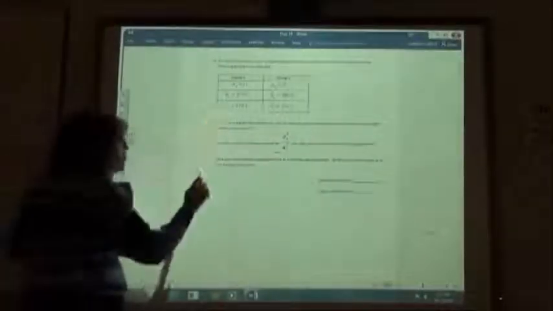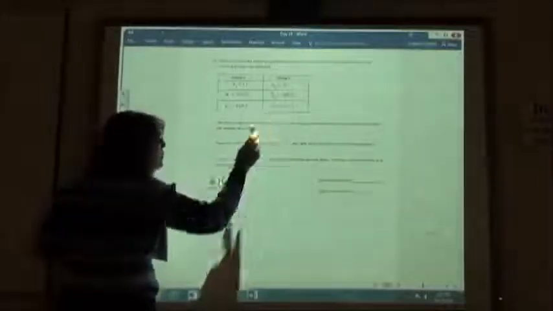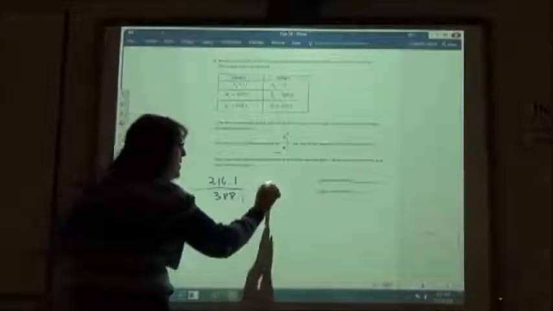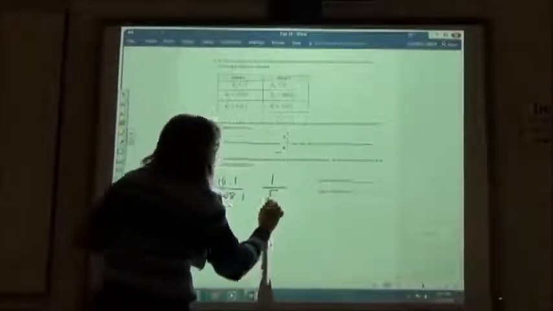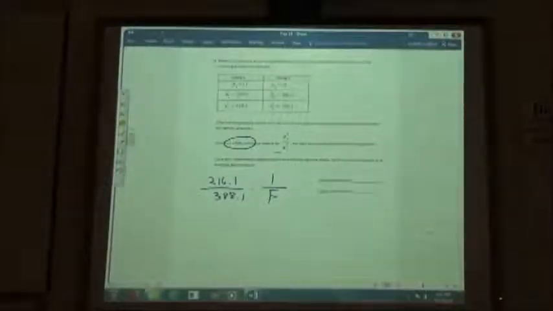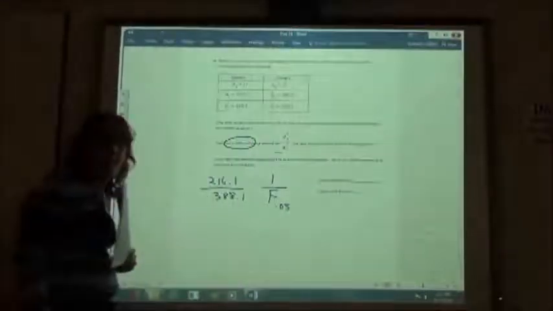So plugging those into our formula, S1 squared is 216.1 divided by S2 squared, 388.1. Times 1 over F sub. We are doing a 90% confidence interval. So for our lower one, we're going to use 0.05, right?